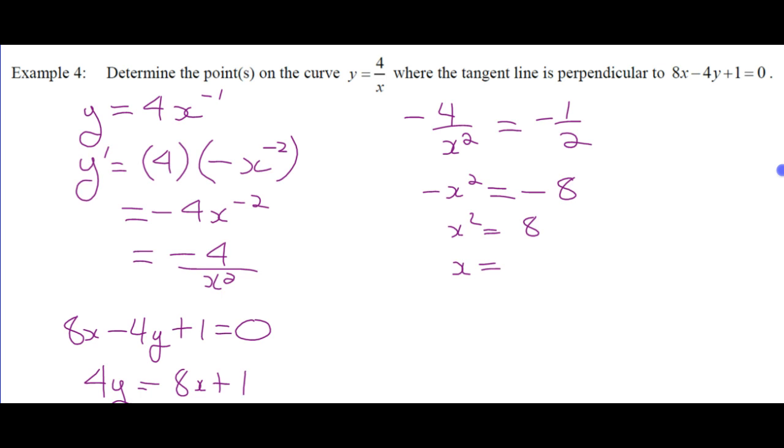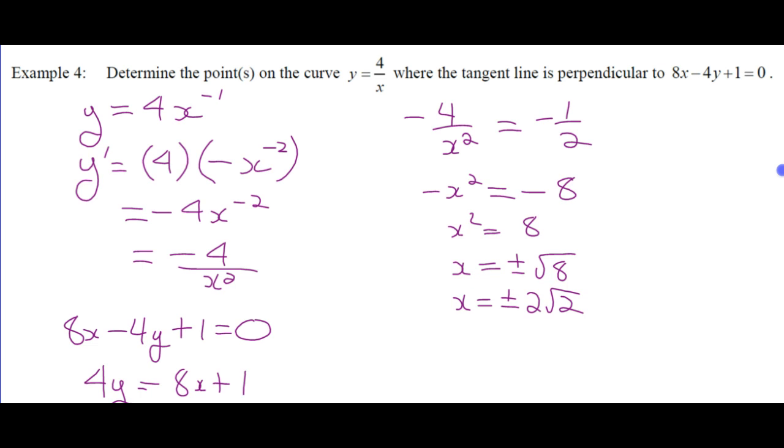So what is x? Well, it says point or points. Plus or minus, right? When you square root both sides, plus or minus. So plus or minus root 8, which is plus or minus 2 root 2.